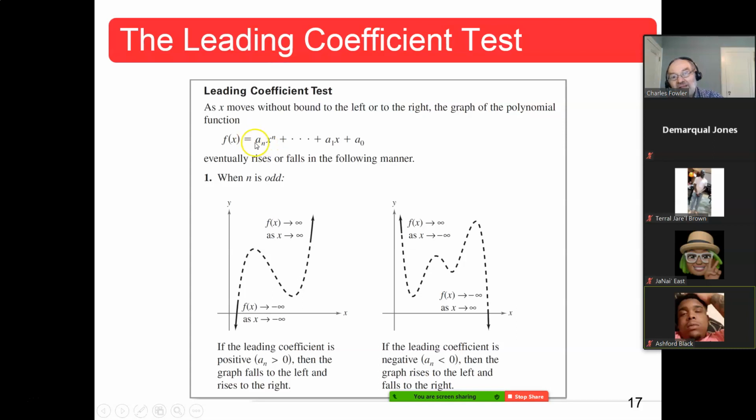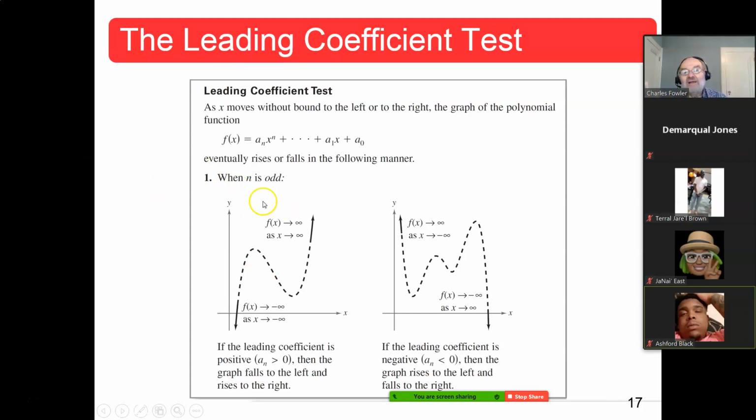But if that a is negative, then that makes it an incredibly negative number. So you see, flipping that leading coefficient will reverse the direction. Normally an odd function is down to the left, up to the right. But if your leading coefficient is negative, it reverses it. It's up to the left and down to the right. Now that's what to remember about when n is odd.